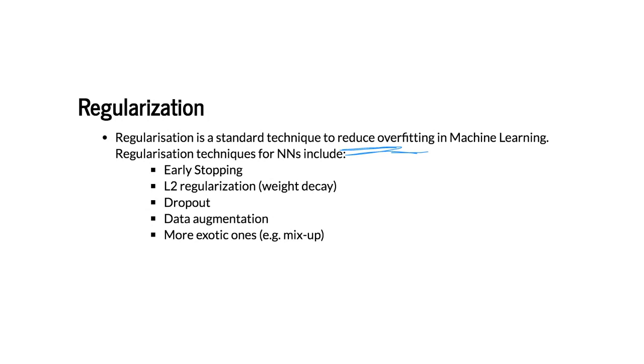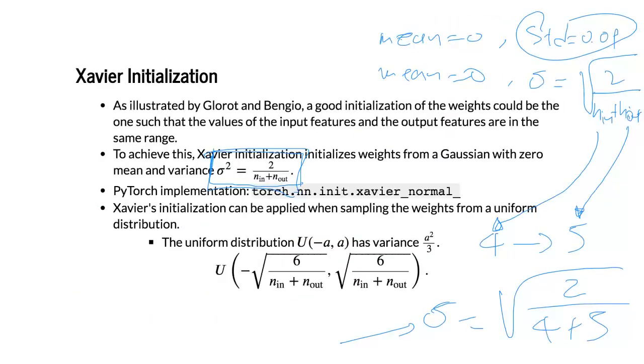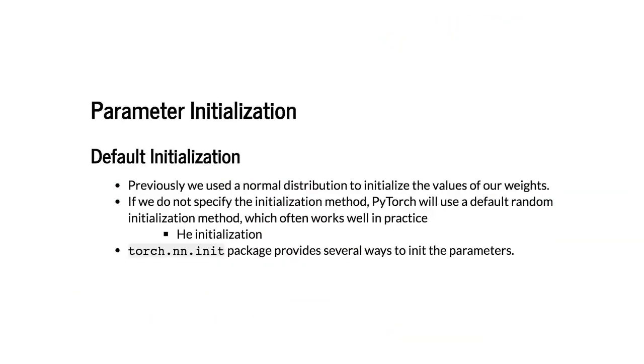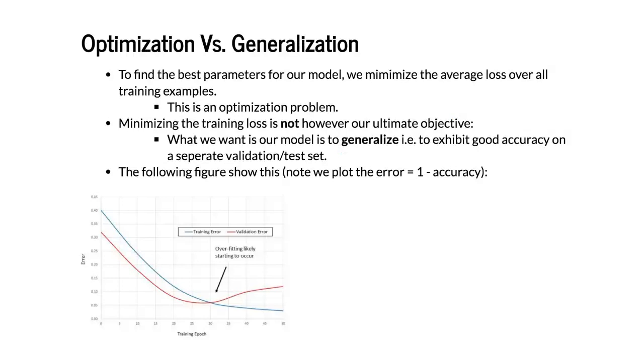Just to remind you, overfitting happens when, after training, at some point the validation error goes up. So the error on a validation set starts increasing while the training error still decreases, right?